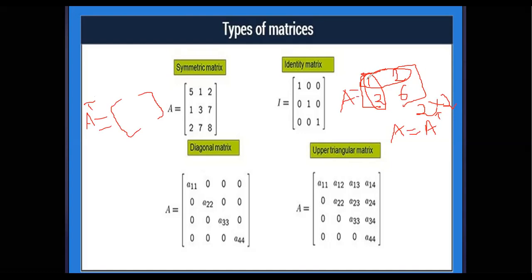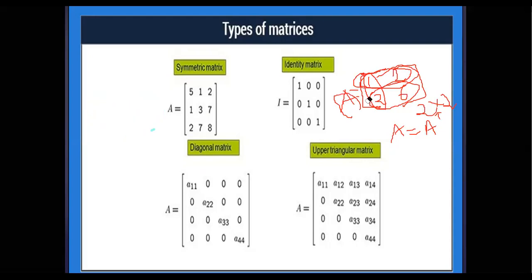Now if you write this first row into first column, and second row into second column, then you will get the same matrix as matrix A, and hence it is called symmetric matrix.